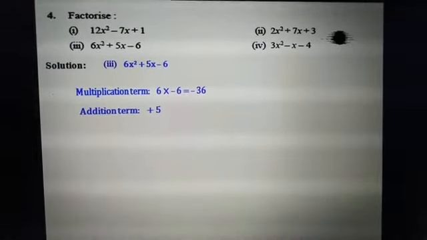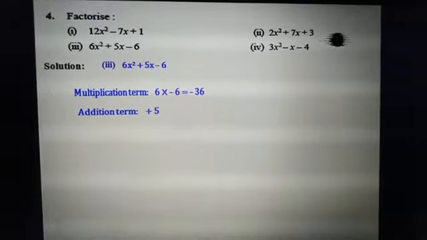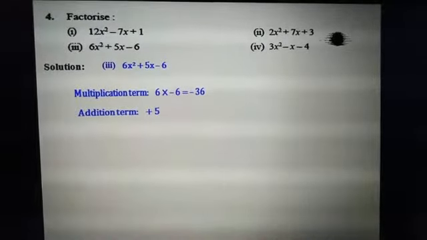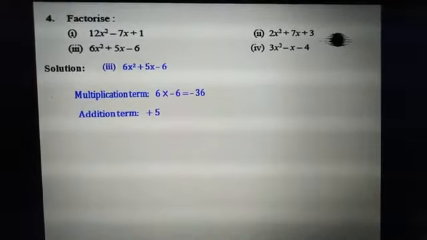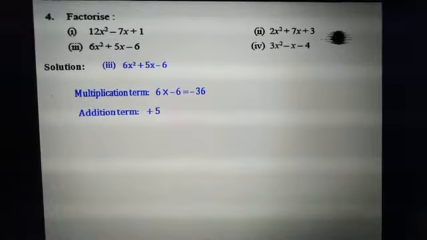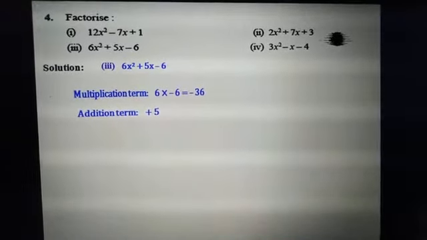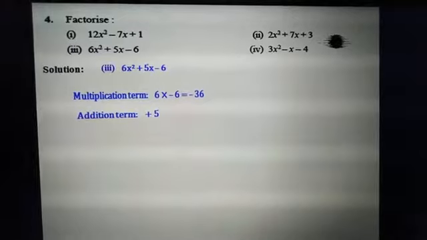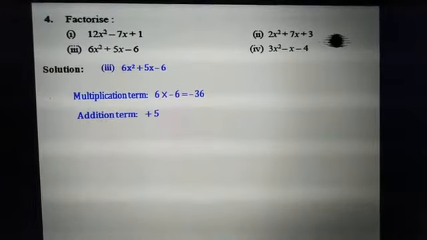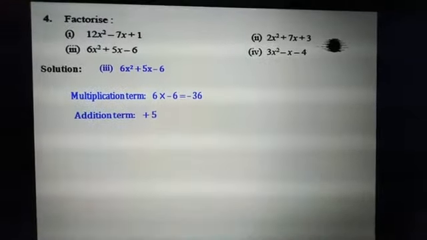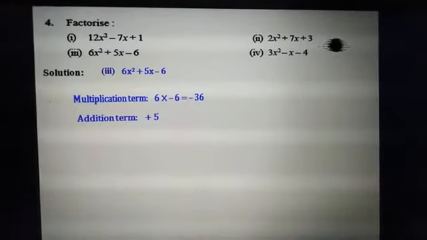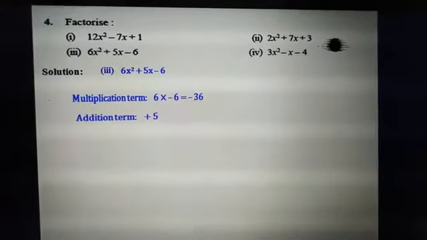The two numbers will satisfy the multiplication term and addition term. When we multiply the two numbers, we will get the multiplication term. With the same two numbers, when we add, we will get the addition term. Like that we want to find two numbers.